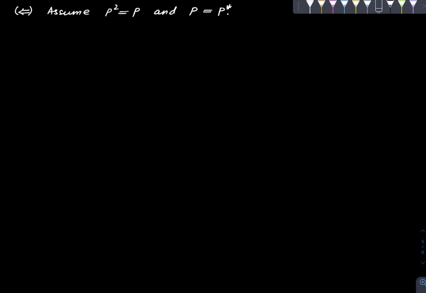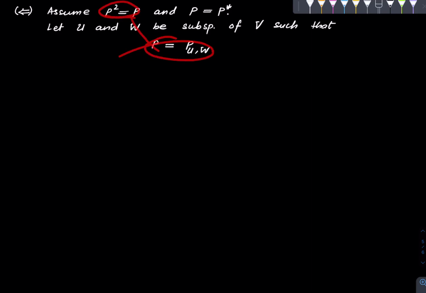So let U and W be subspaces such that P is the projection on U with respect to W. Right? That just follows from the first condition, that such U and W exist. And what we will end up showing is that W is the orthogonal complement of U, which will finish the proof.